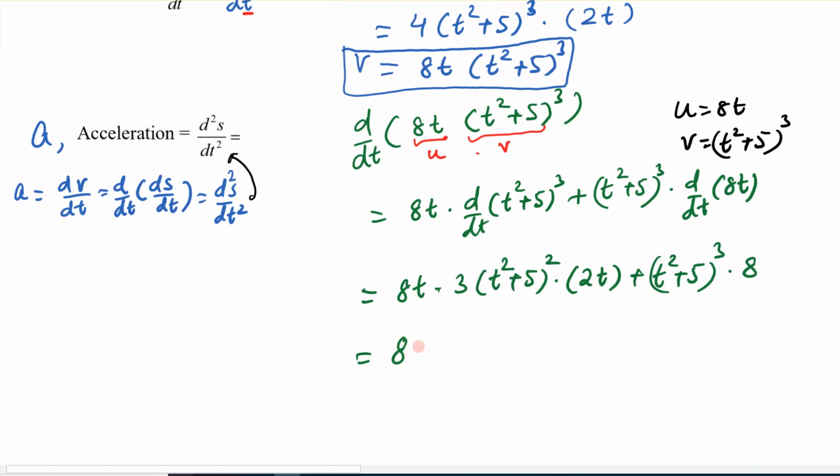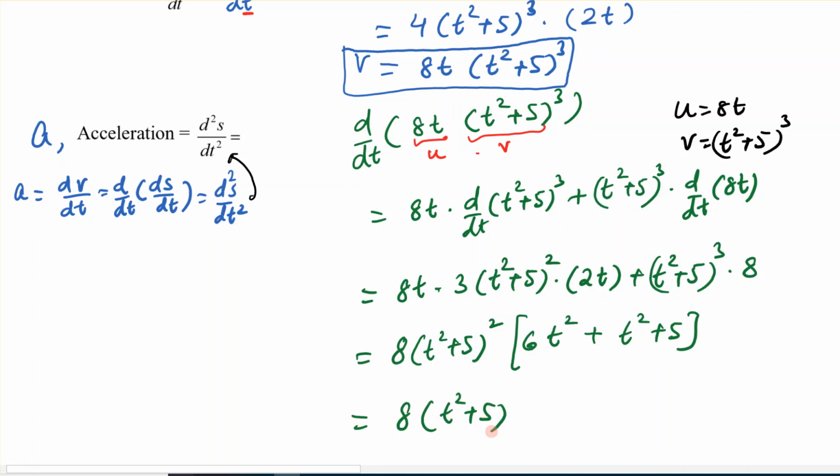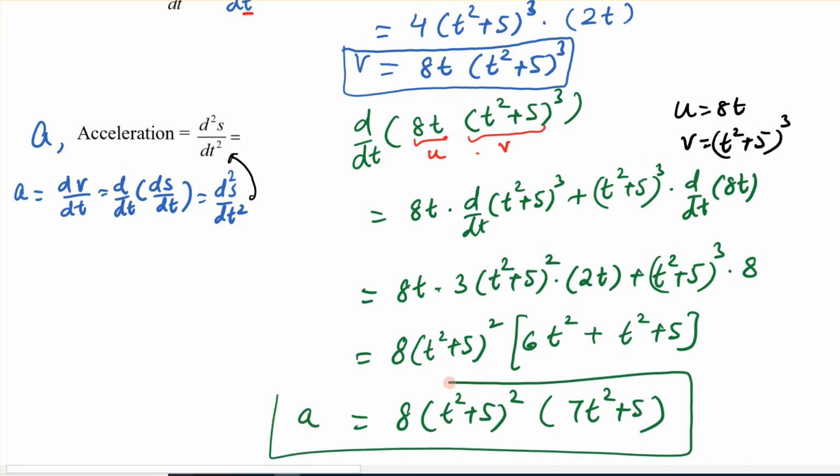So 8 is out, t square plus 5, 2 powers can come out. So inside we are left with 6t square, and here we are left with one copy of t square plus 5. So overall we get 8 times t square plus 5 squared, and here we get 7t square plus 5. So this is our acceleration function.